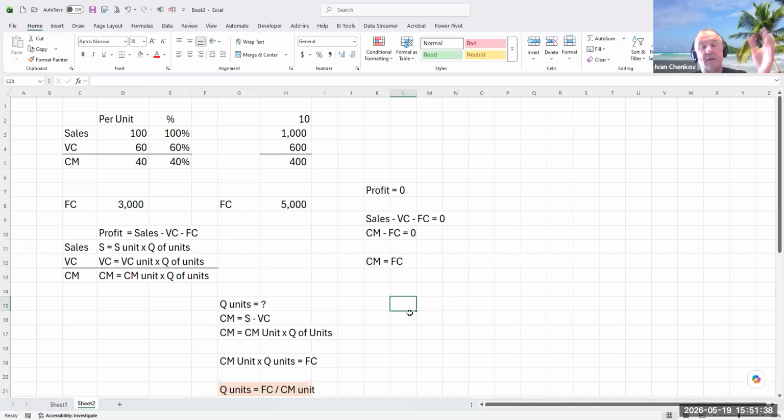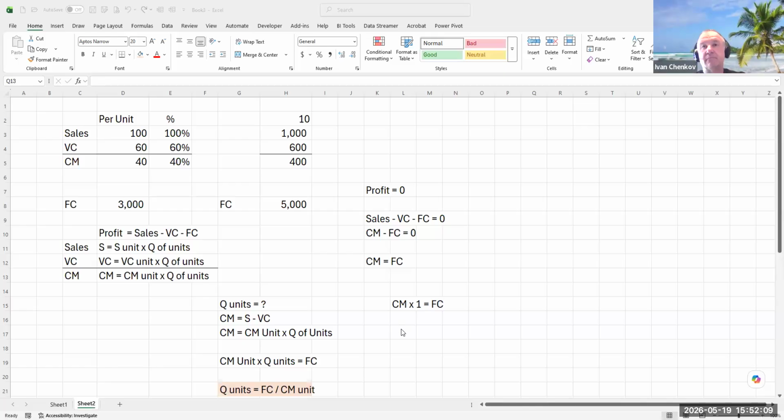So what I know is, if I do contribution margin times 1 equal to the fixed cost, am I changing the formula? What do you think?